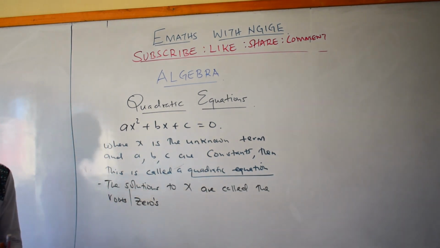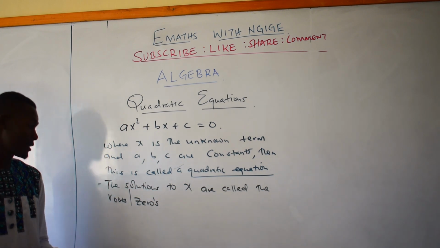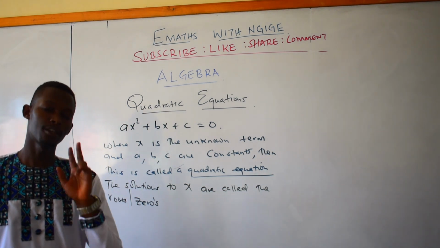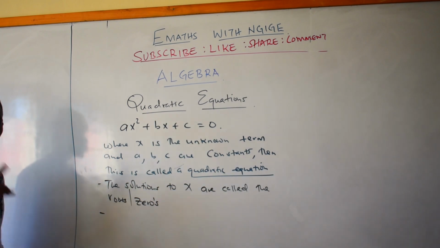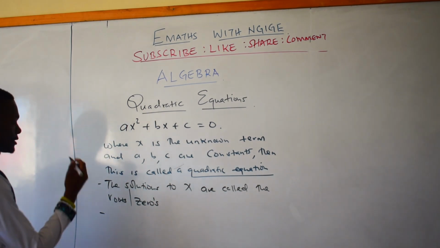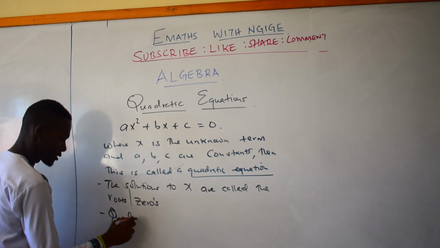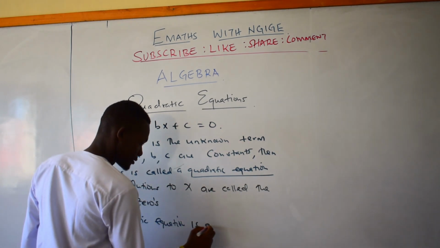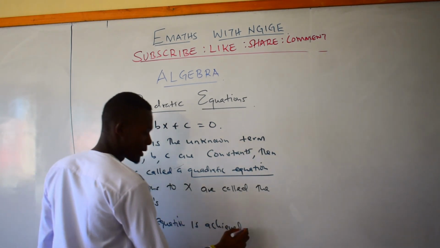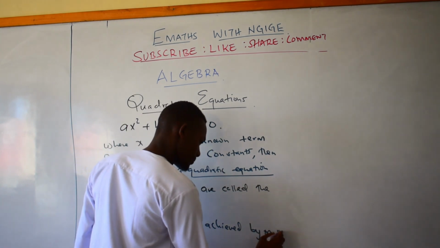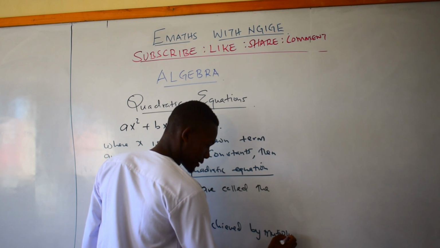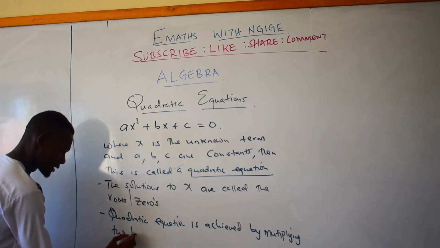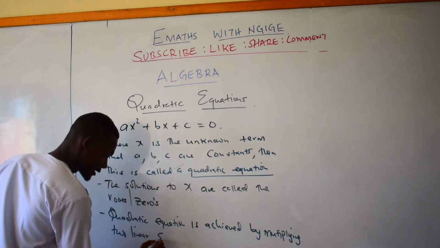So the solutions to x are called zeros, and you can get a quadratic equation by multiplying 2 linear equations, and those 2 linear equations are what we call factors. So a quadratic equation is achieved by multiplying 2 linear expressions.